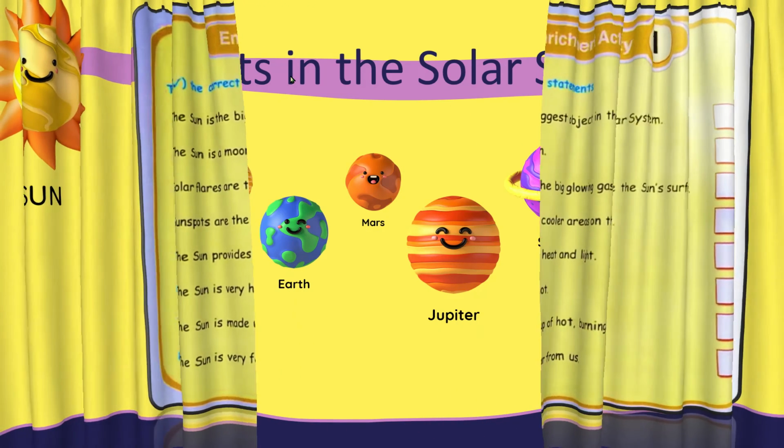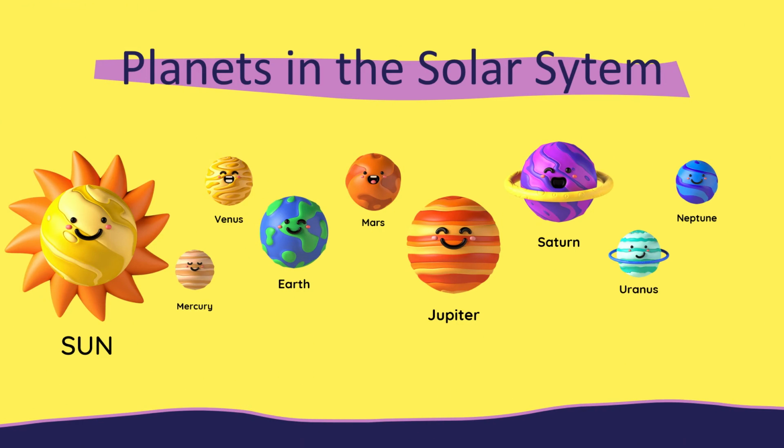So, what are the planets in the solar system? One more time, say it with Teacher Sasa. Planets. Okay, so planets in the solar system. And do you know how many planets there are? So we will count. 1, 2, 3, 4, 5, 6, 7, 8.